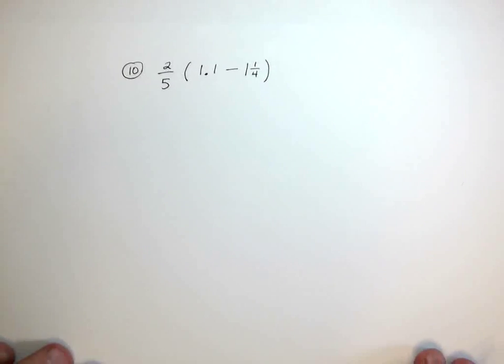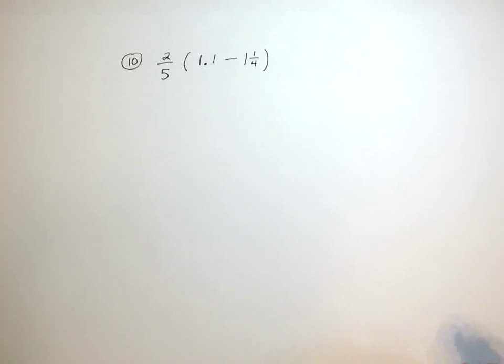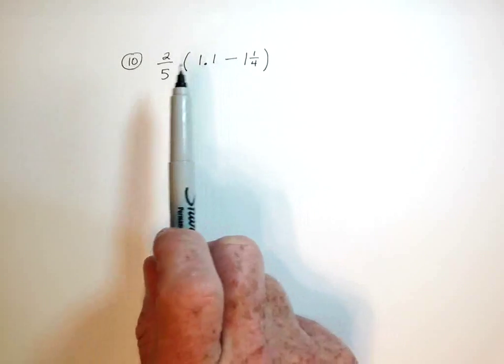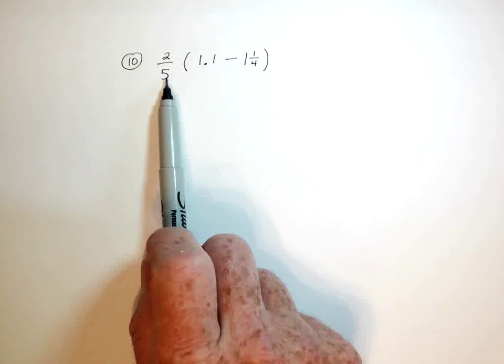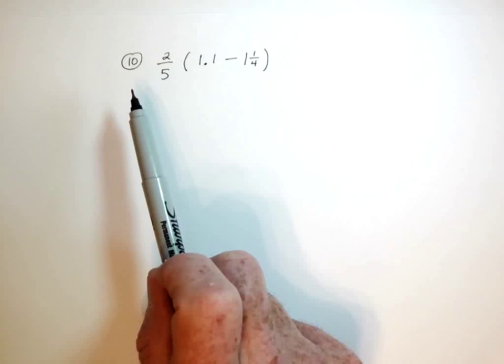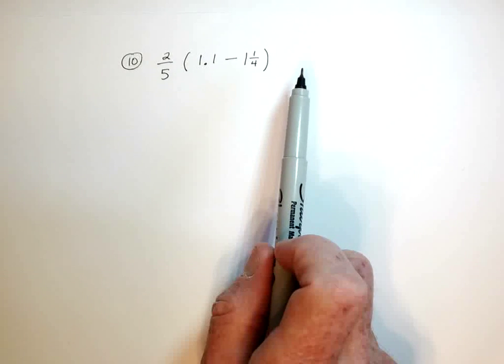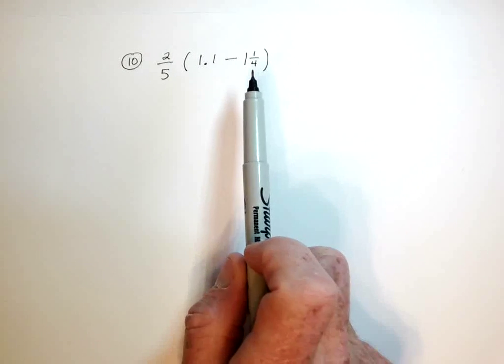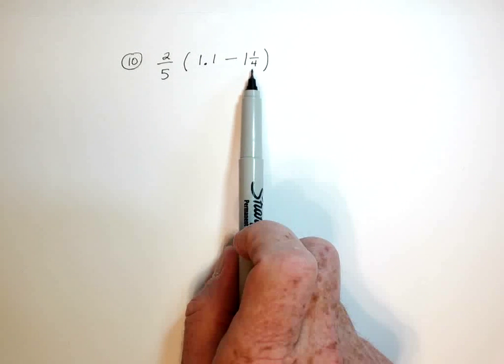And then here's sort of a review problem. It has mixed numbers and decimals and a regular fraction. So the choice is you could use mixed numbers everywhere, fractions everywhere, or decimals everywhere. Which should we use? Well, this one, I could easily make into an improper fraction.